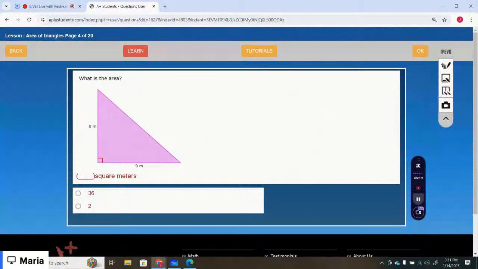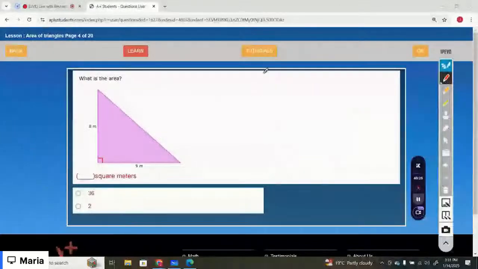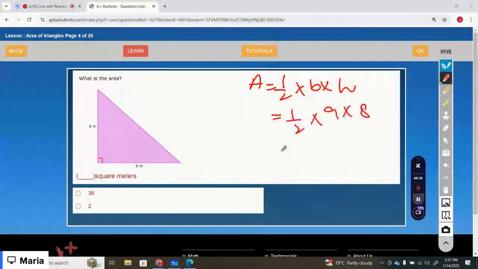Which is the correct option? That is A equals half times base times height. That is 1 by 2 times 9 times 8, right?